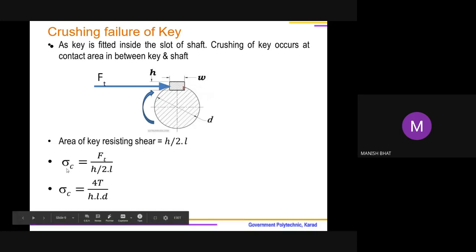So we have taken the strength equation as sigma C equal to Ft upon h by 2 multiplied by L. What is the area going to resist crushing? It is the contact area between the key and the shaft. So this diagram indicates the contact area of height h by 2 multiplied by L. So in the strength equation, sigma C is equal to Ft, the tangential force, upon that.